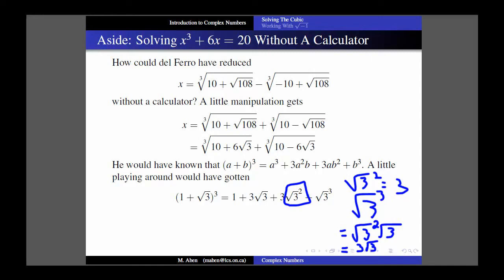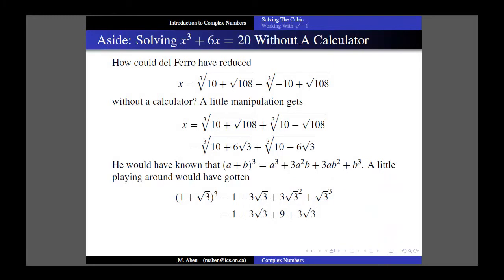So the square root of 3 cubed can be reduced to 3 root 3. And that's what I did in the next line. Okay, let's get rid of all this other stuff that I wrote. So the square root of 3 squared right here would be 3 times this 3, which would get me the 9. And the square root of 3 cubed would be this 3 root 3.